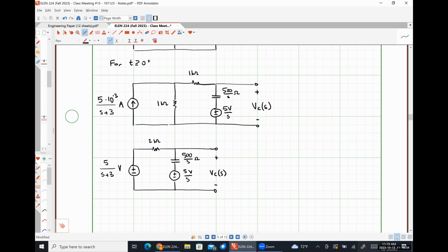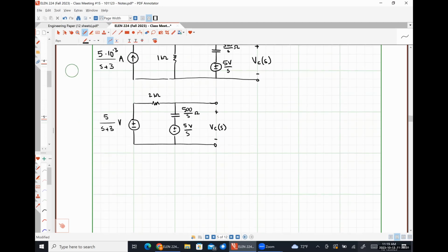I would argue, hopefully you guys would agree with this, that the voltage drop across the 500 over S ohm capacitor plus this 5 volts over S is going to be DC. The easiest way to find the voltage drop across this guy would be to find the current, and we could find the current simply by doing KVL around that loop, or really just kind of Ohm's law, right?